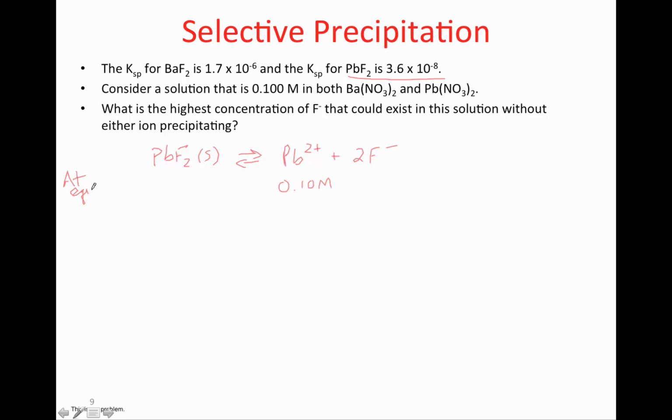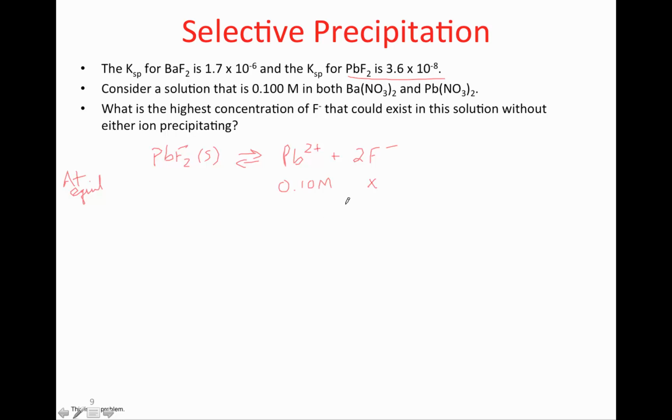The truth is, I'm at the edge of equilibrium. Maybe none of this is formed, or maybe just a molecule or two, or the tiniest bit of this is formed, but I'm going to say I'm at equilibrium right here. If I had this concentration of lead, what would be the equilibrium concentration of F- here?